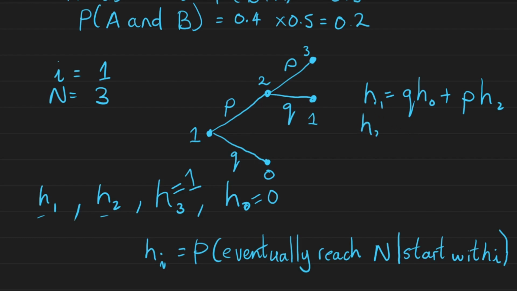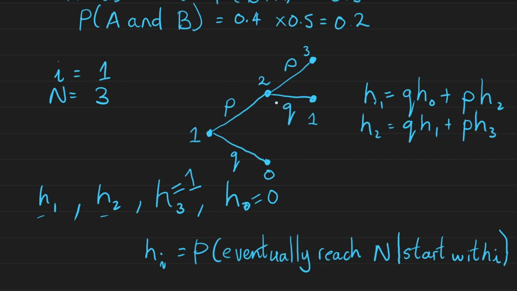Similarly, H2 is equal to the probability of going from state 1 to 3. Remember that this entire branch replicates itself. So we're going to have Q times H1, plus P times H3.